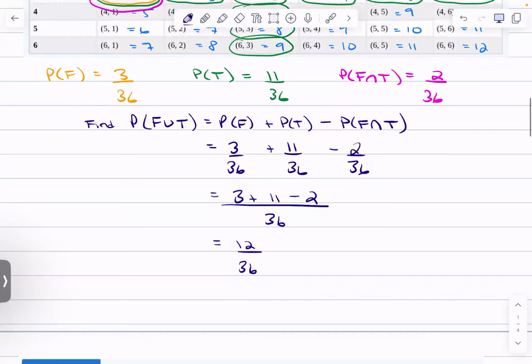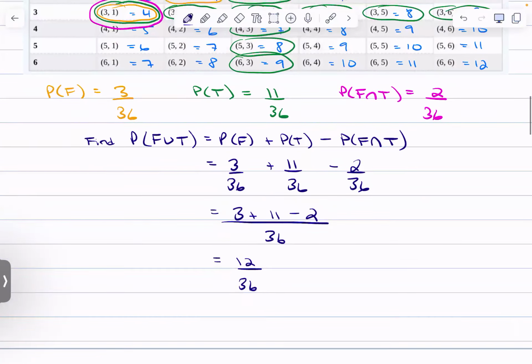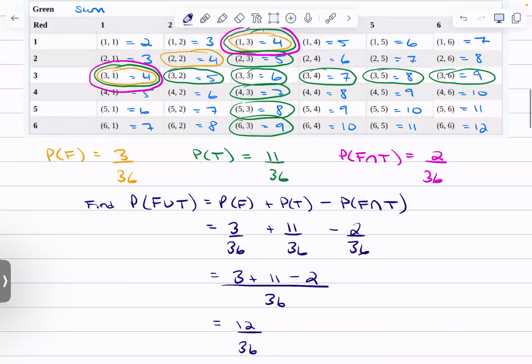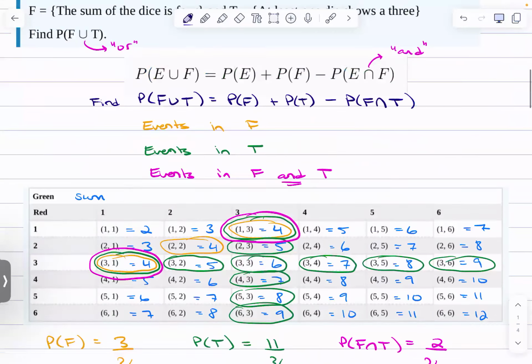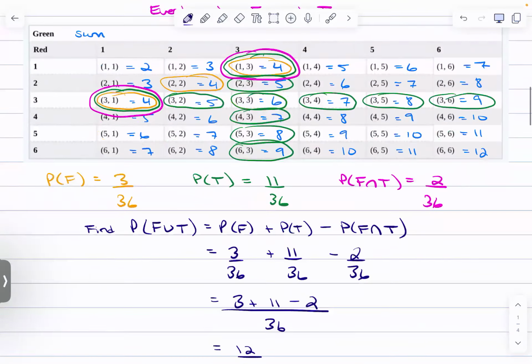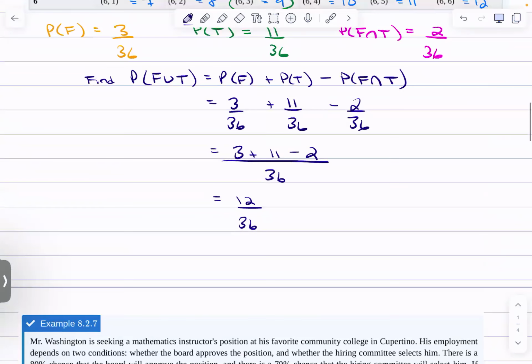I lost it. I just stare at it long enough. That's okay. We're good. Nice. The probability that the sum has a dice of, I'm trying to get there. I'll just give up. Any questions about that one?